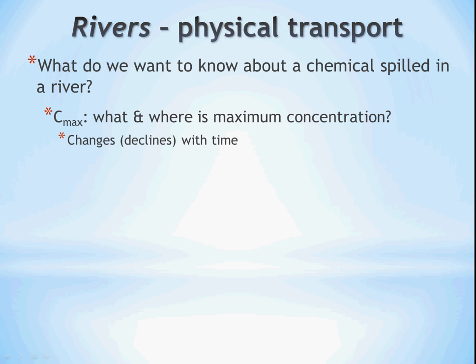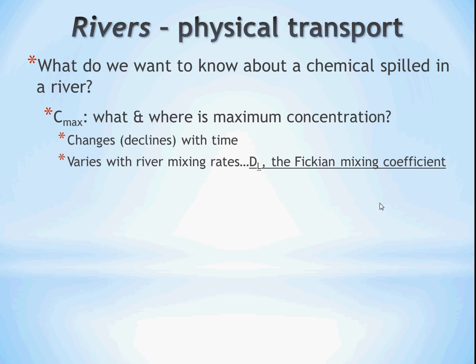Okay, so what do we want to know about a chemical that gets spilled in a river? First we want to know about the maximum concentration. What is the maximum concentration, and where is the maximum concentration? And these things change over time. So the location changes over time, moves downstream, and the maximum concentration itself declines over time because of spreading. So how quickly this declines depends on river mixing rates.